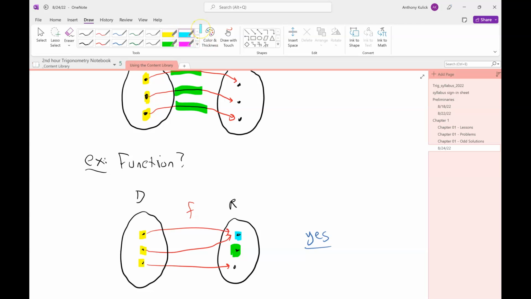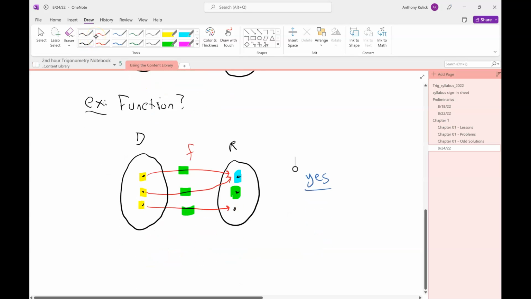Why don't we care that two things are going to that? Because it's a range, right? All we care about is that from each thing in the domain, it only goes one place. Could they all go to the same place? Sure, that's fine. As long as you don't have something going to two places. Cool, good.